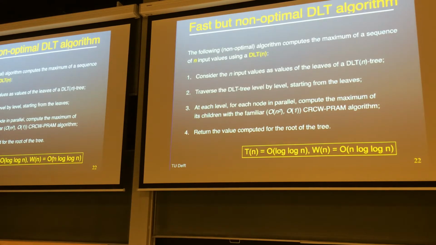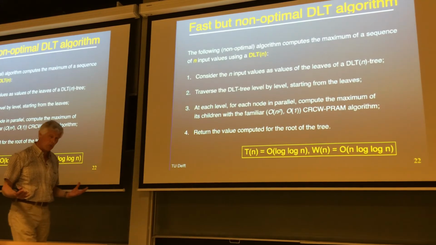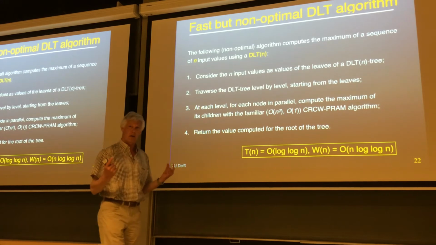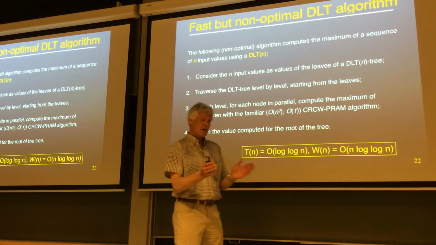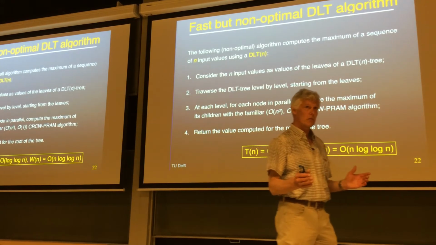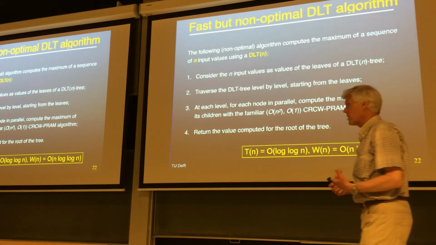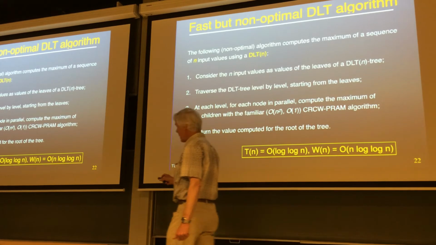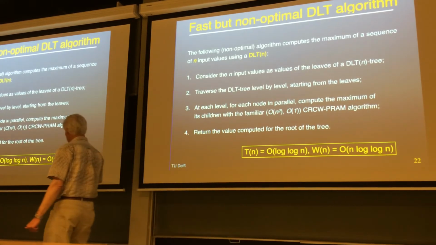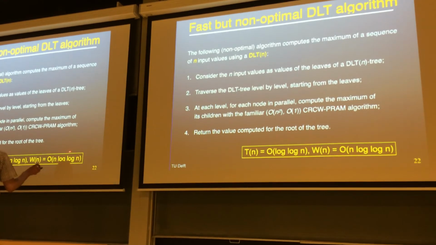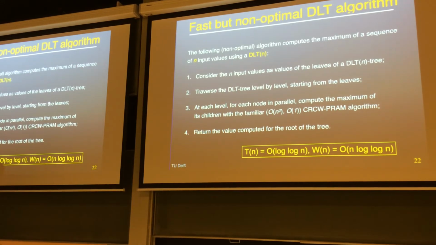Now what's the amount of work? The amount of work is O(n) for each level. At the lowest level we need an O(n) amount of work. This amount of work is reduced, but you can prove that it is not improved essentially, and that again here the number of iterations you need, so the number of levels, will dominate.